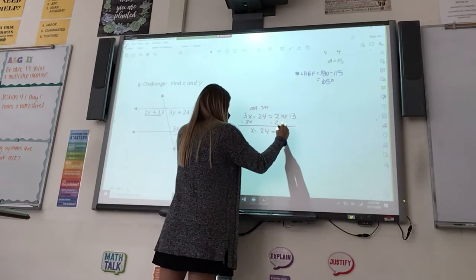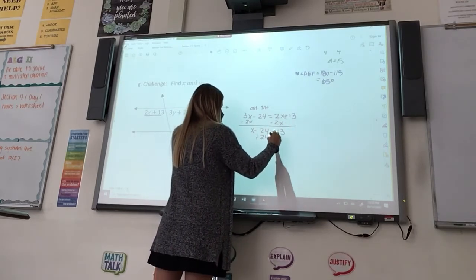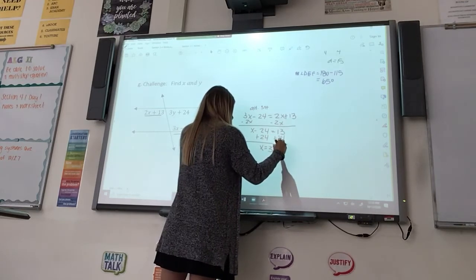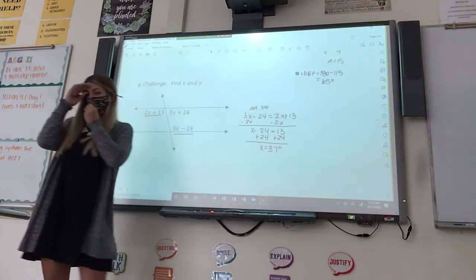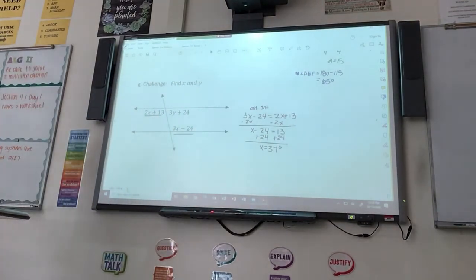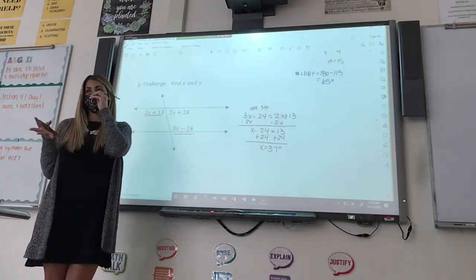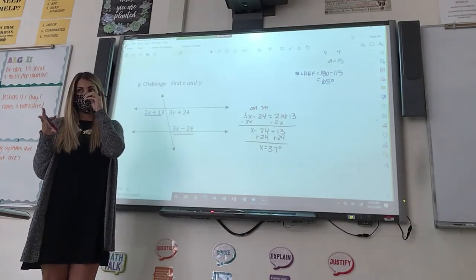It's 37. So we know x is 37. So think back to what we did in the previous challenge problem. Once you found A, what were you able to do?